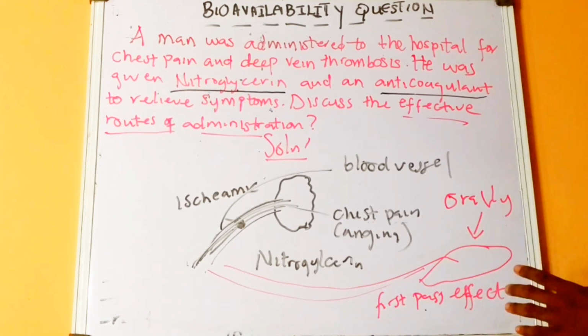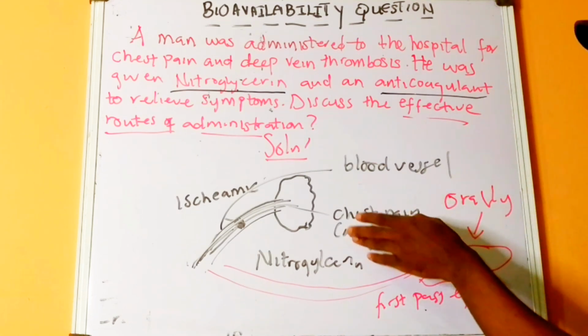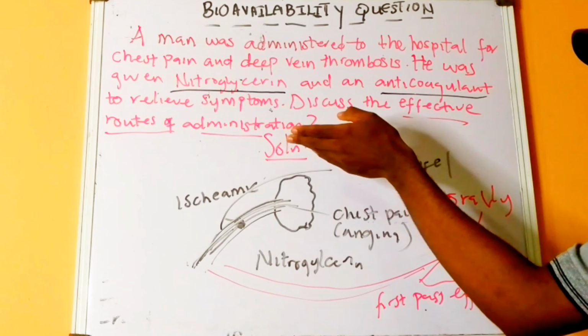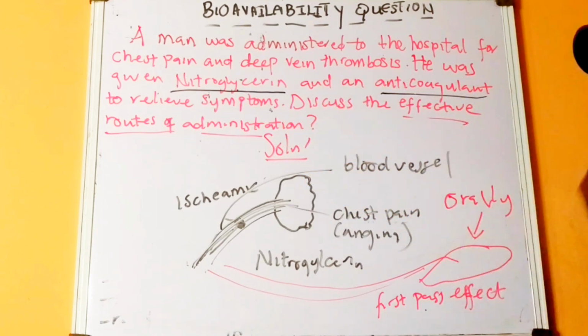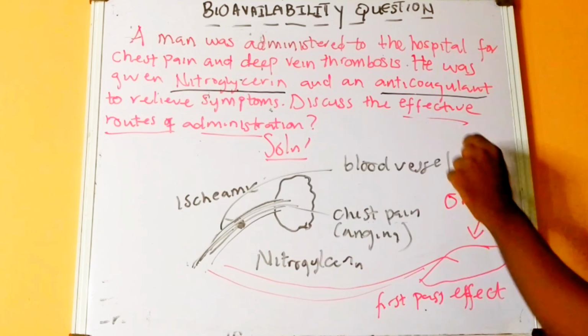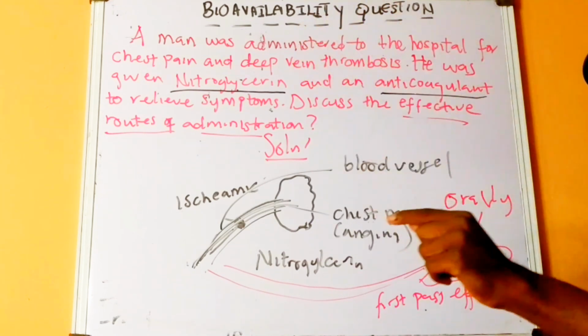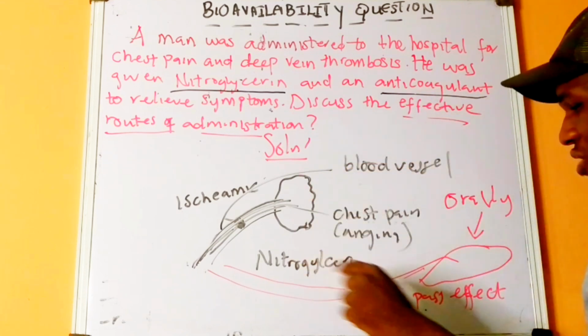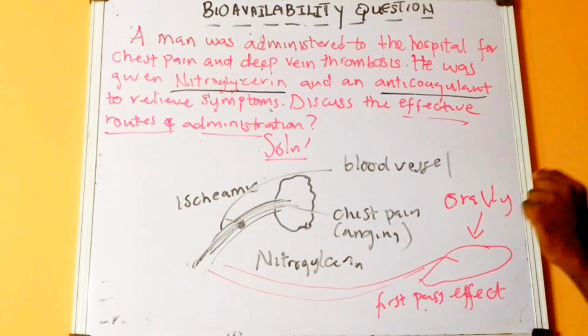So we want to give this drug either intravenously, though there are some nitroglycerin preparations used to relieve chest pain that come as oral tablets. But for effective and fast bioavailability, the fraction of the drug that is inside the bloodstream, we would need to give this drug through the sublingual route.